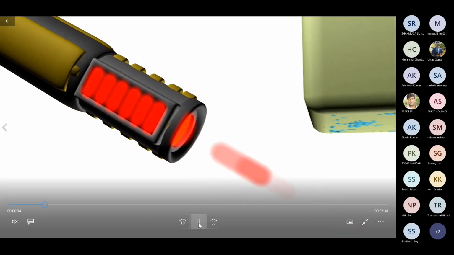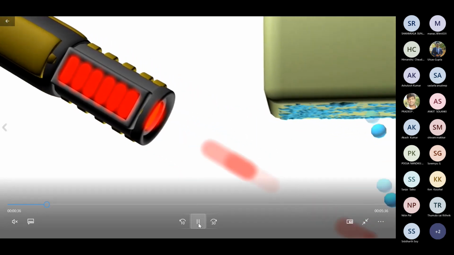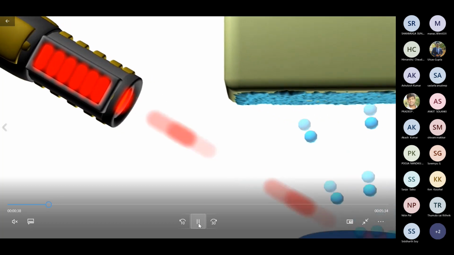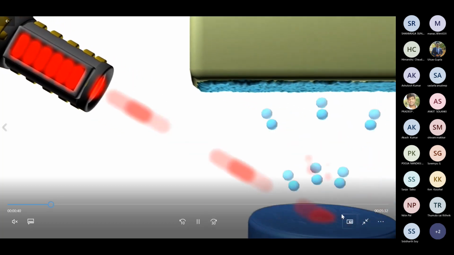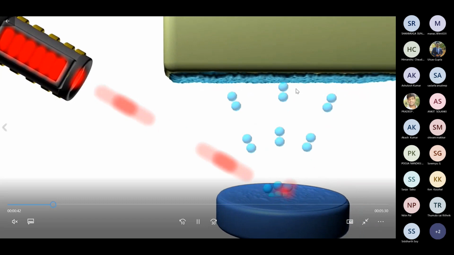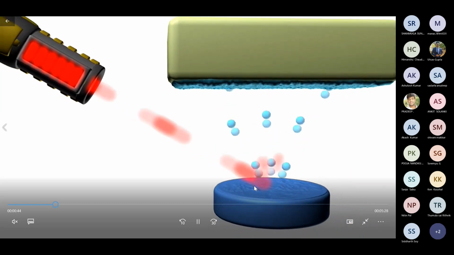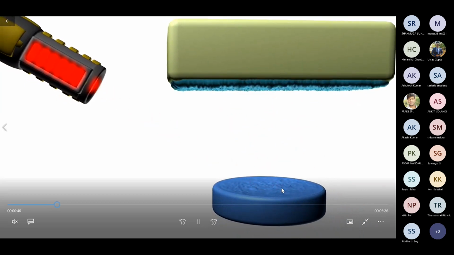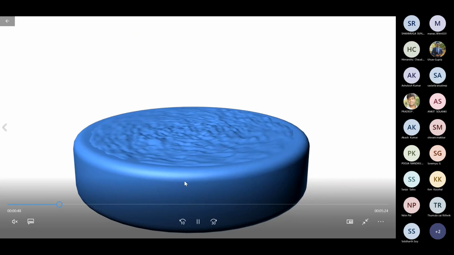So when the laser is pulsed, the laser deposits with a very high frequency. You can see that atoms are coming from the surface, so there is actually no hitting on the target, and the damage will also be less.